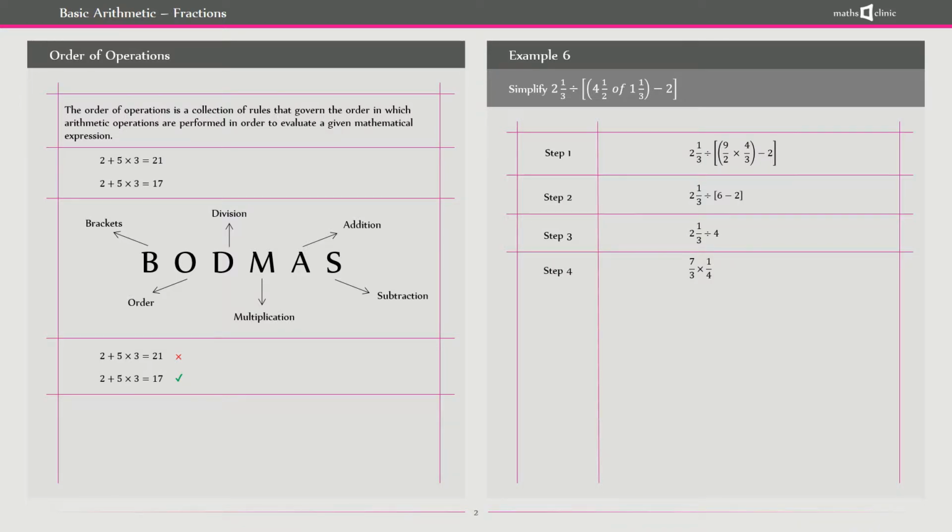So 4/1, and when you invert 4/1, following the law of division, you'd have 1/4, and then when you multiply this out, 7/3 multiplied by 1/4 is 7/12, and that is our answer.